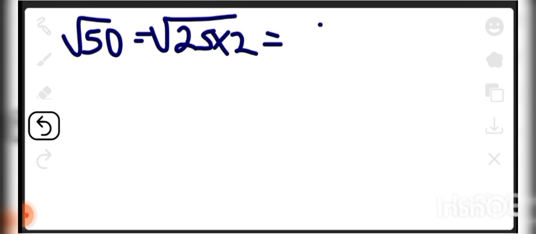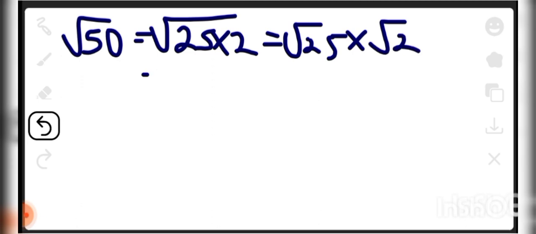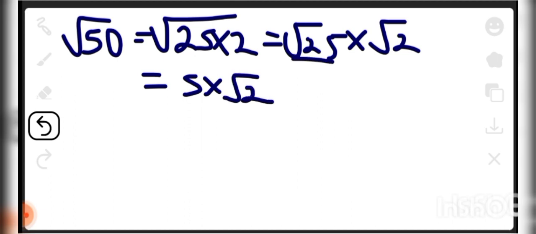So that will give us root 25 times root 2, that is 5 times root 2, because root 25 is 5. That will be 5 root 2. So this is how we simplify a surd.